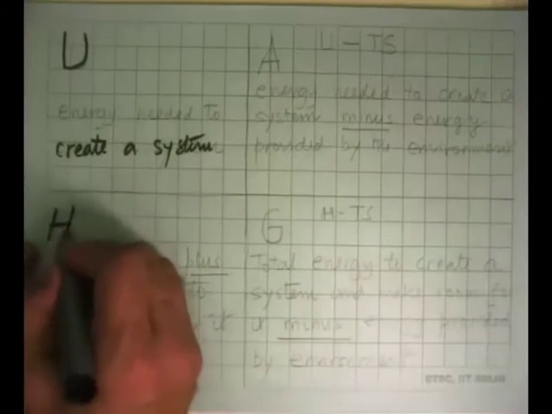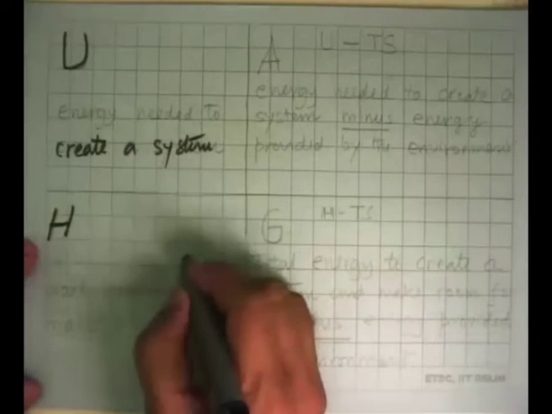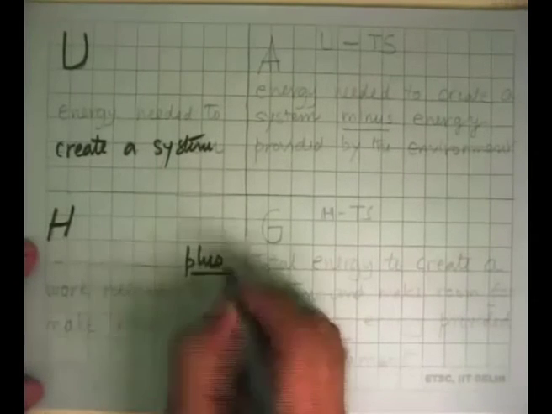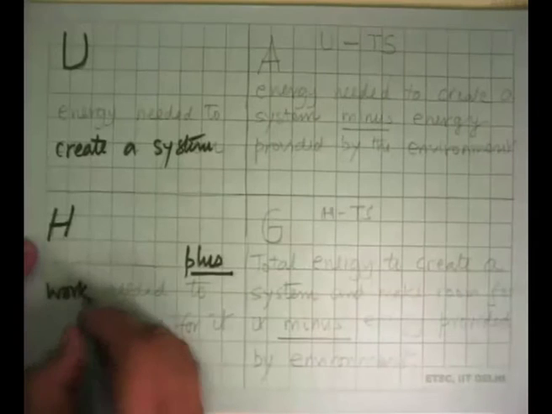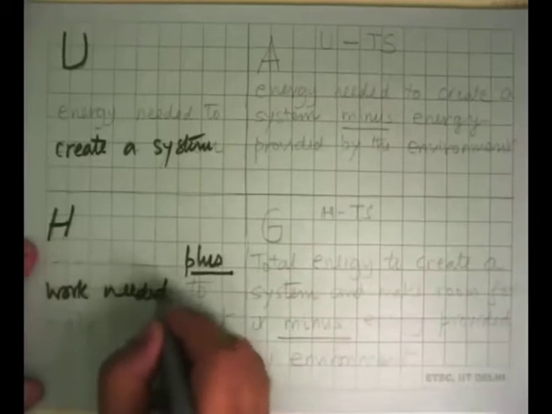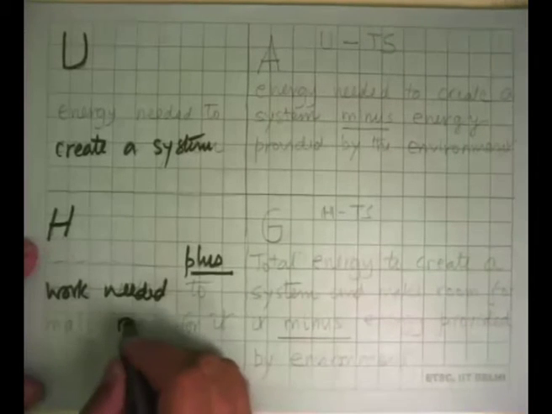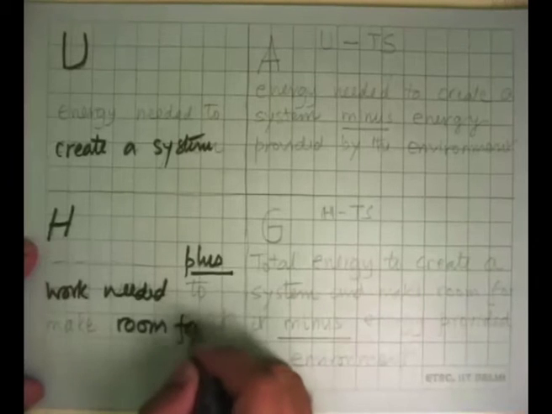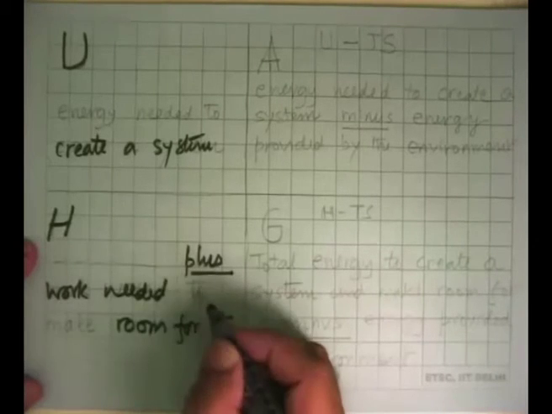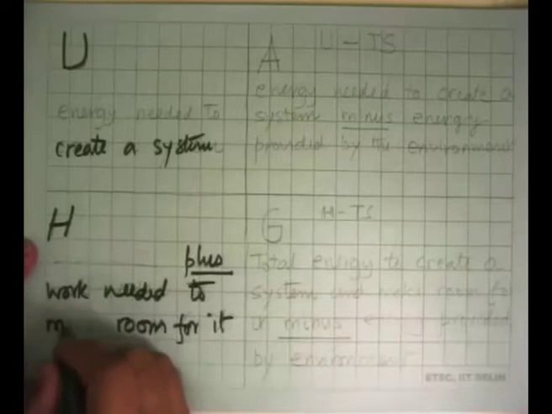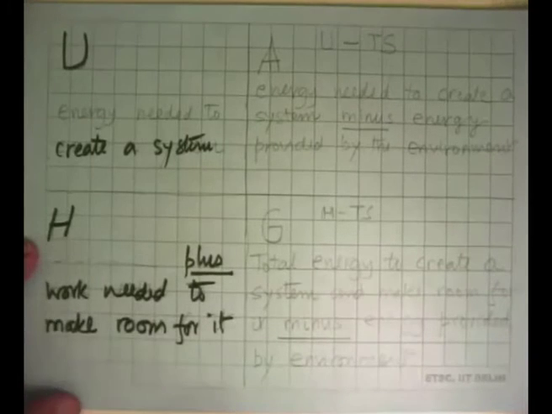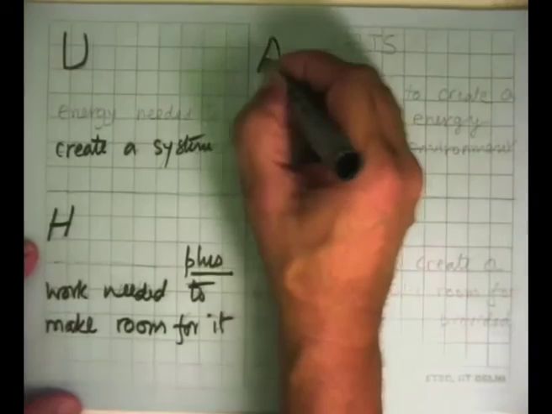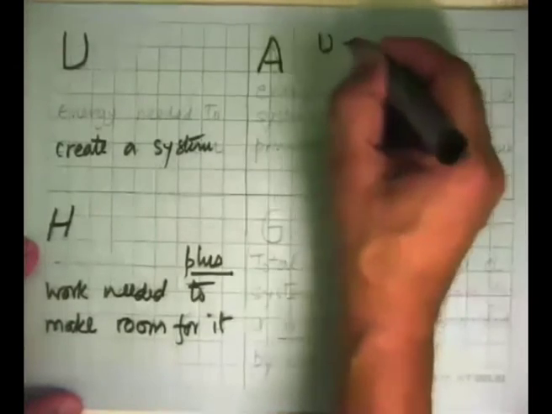H, we've learned, is this plus work needed to make room for it. The language is different, with a slightly different meaning. Helmholtz free energy, which we call A, is U minus Ts.